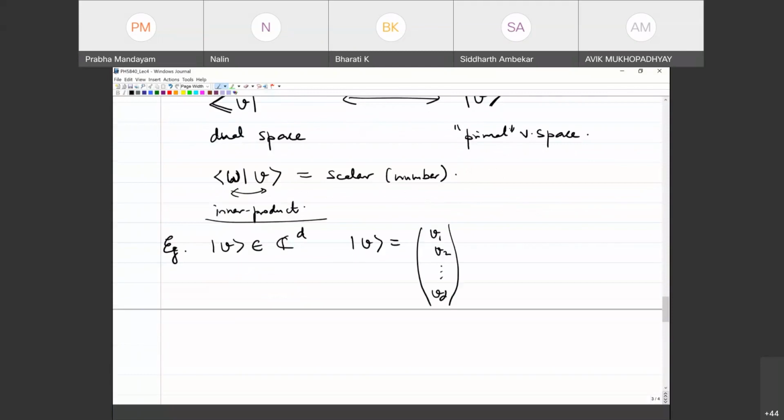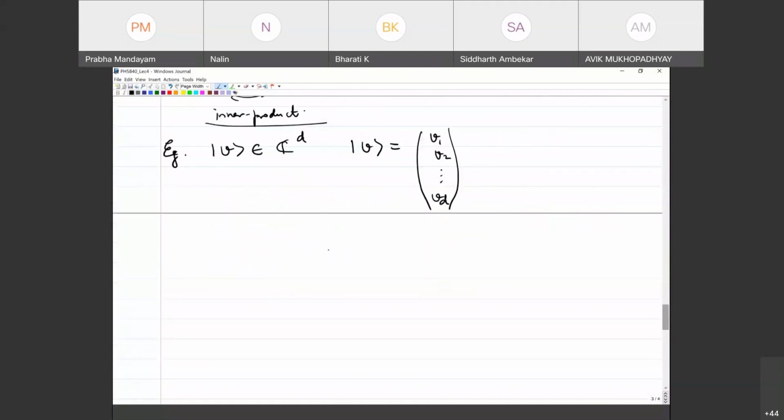The dual associated with this, or the bra vector, so this is the bra V, is defined as the complex conjugate followed by the transpose of this ket vector.